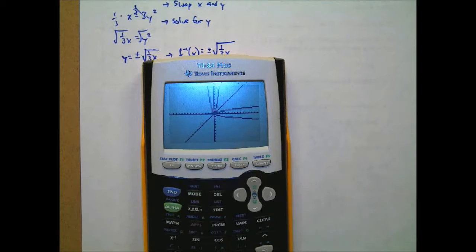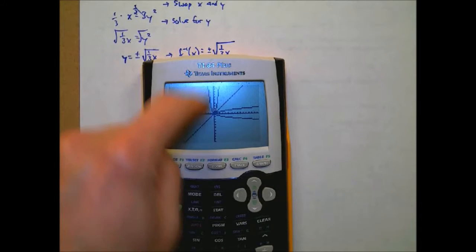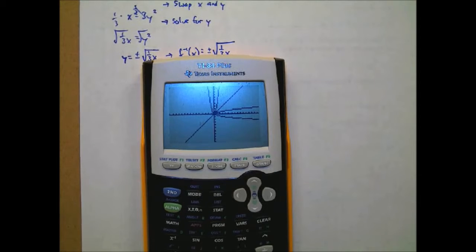You might remember seeing that reflection in geometry, if you can remember back to geometry last year, or maybe last semester, depending. You saw a reflection over the line y equals x, and that is what an inverse does.